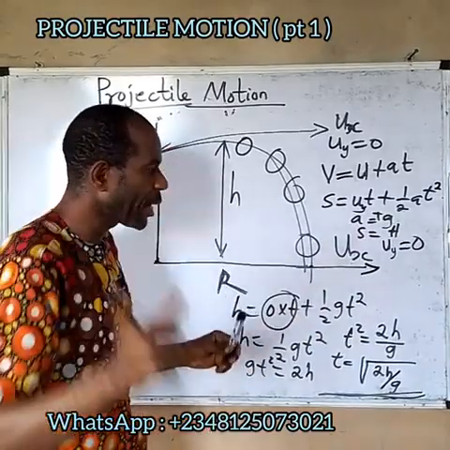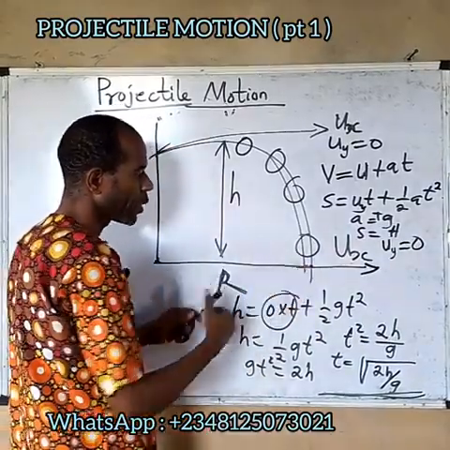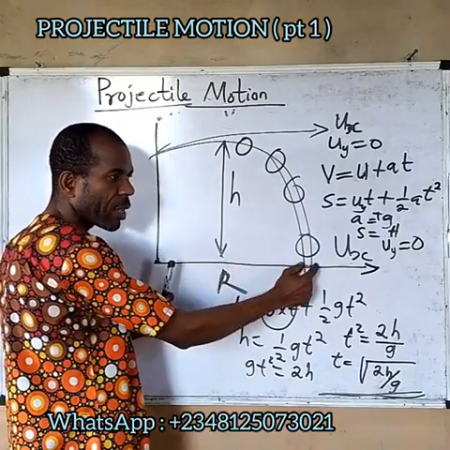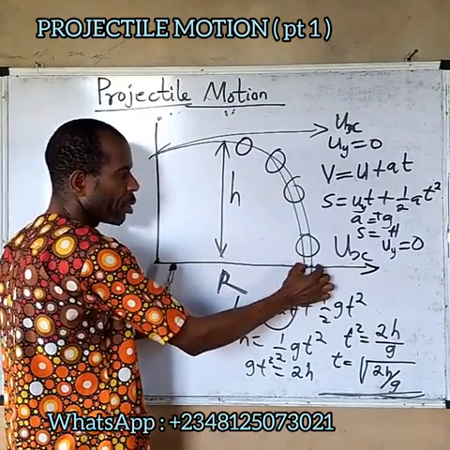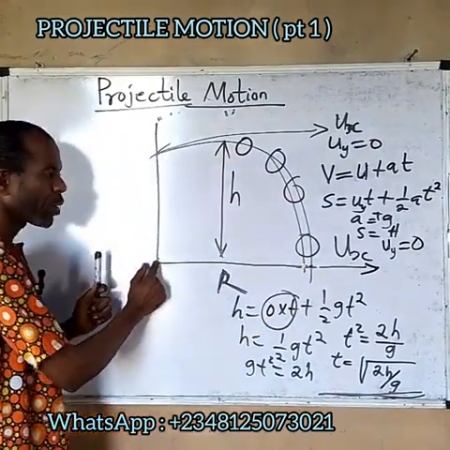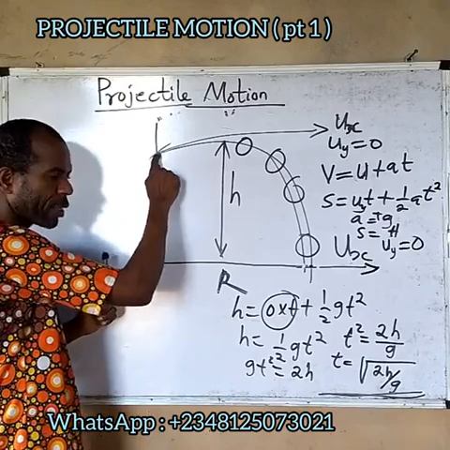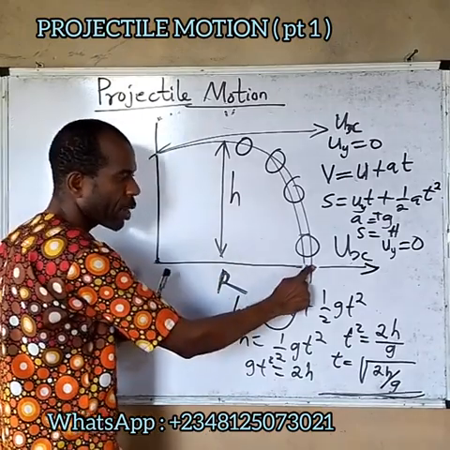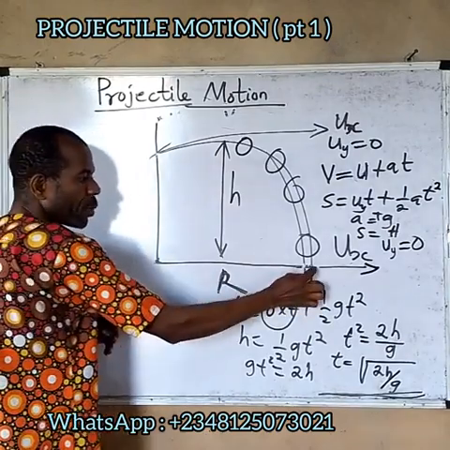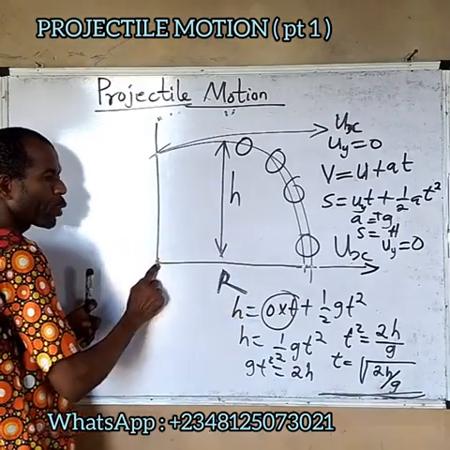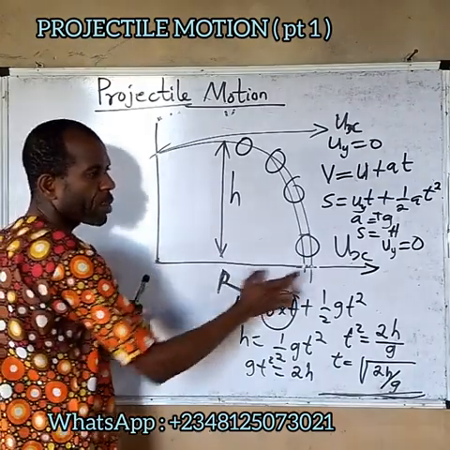Now what if the body lands here? That is where we have the range. As the body lands here, acceleration becomes 0 at this point. This is the point of projection, starting from here, then coming down to here, which becomes the level of projection. So the distance from the landing point, from the foot of the cliff, gives us the range.